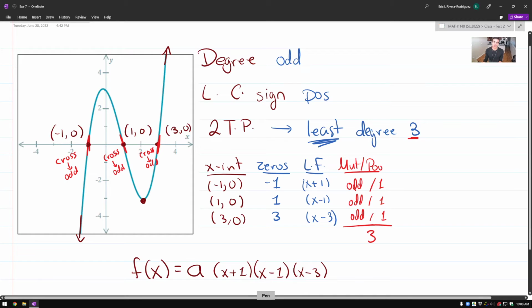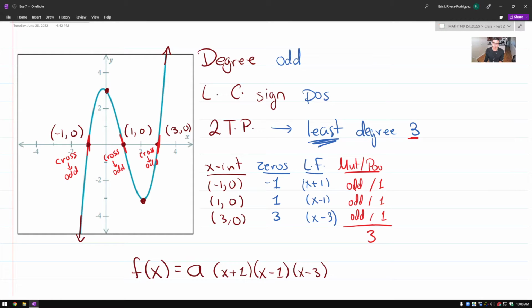Usually, if the only thing I have is the graph of the polynomial and I need to write its equation, I will look first at the y-intercept. This y-intercept here is (0, 3). That is important because it gives me a coordinate, a value for x and a value for y, that I can use to find the value of the leading coefficient.